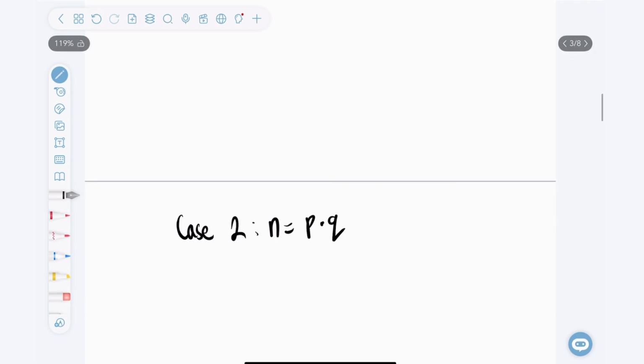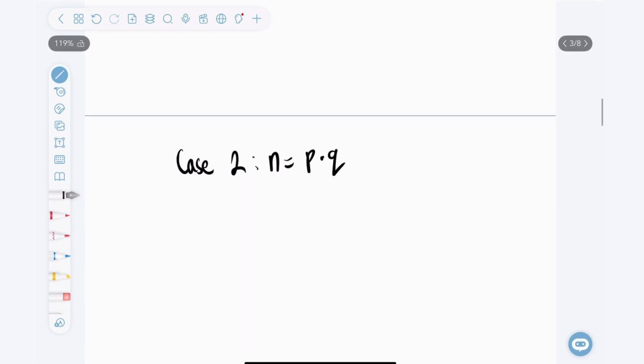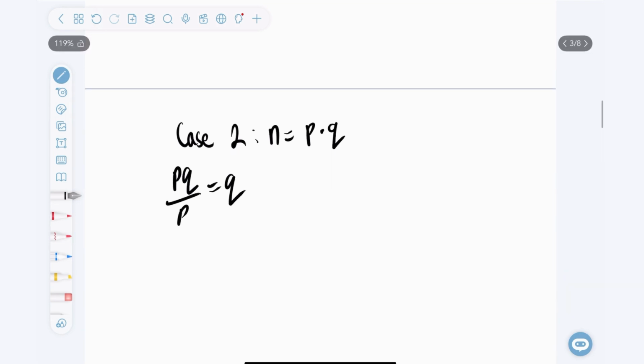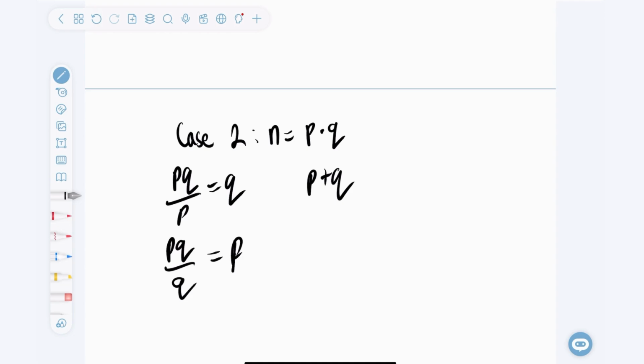To find the number of integers that are not co-prime to n, we count the multiples of p in pq, which is q multiples of p, and the multiples of q in pq, which is p multiples of q. The total is p plus q, but we have to subtract 1 because we count pq twice. This is the number of integers that are not co-prime to n.